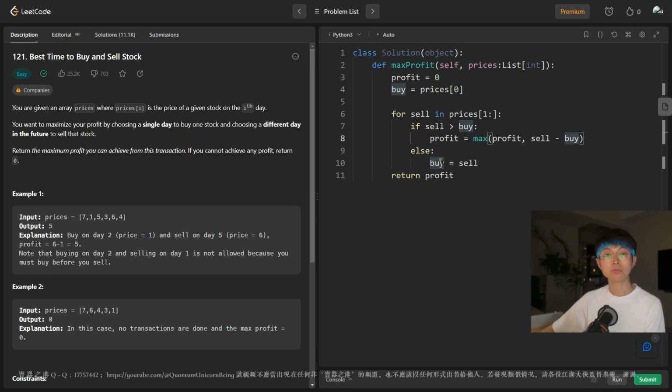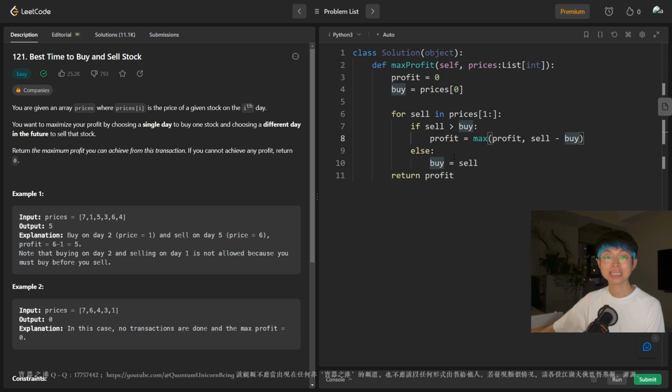And else, this line is executed when the current selling price is not greater than the buying price. It means that the current selling price is not profitable, so we update the buying price to the current selling price.